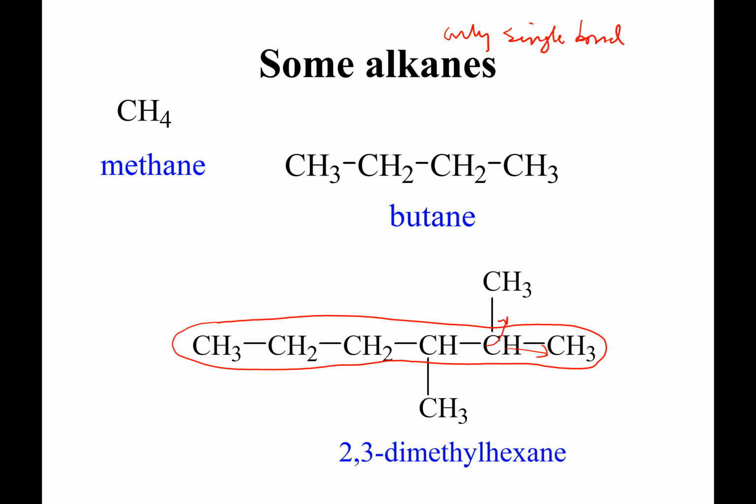I'm going to start from right back to left again, and literally call this carbon 1, carbon 2, carbon number 3, my longest chain. And then I know it's a hexane because that's 6 in my longest chain. My branching occurs at 2 and at 3. So that makes this 2,3 branching. Di means 2, and these are my methyl groups. 2,3-dimethylhexane. That's it.